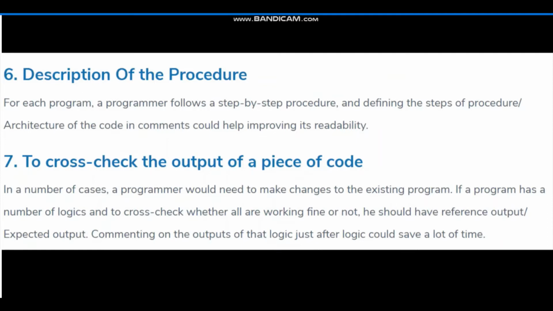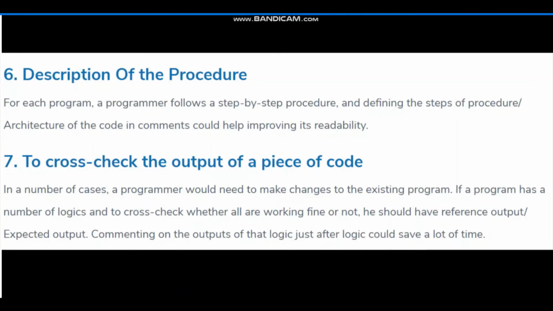Six, description of the procedure. For each program, a programmer follows a step-by-step procedure. In defining the steps of the procedure, the architecture of the code and comments could help improve its readability. Seven, to cross-check the output of a piece of code. In a number of cases a programmer would need to make changes to the existing program.